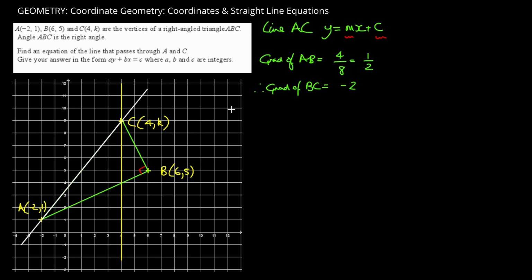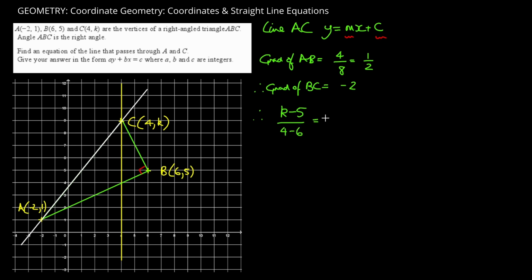So we know the gradient of this line. If we now compare the coordinates from here to here, in terms of rise and run, we can set that equal to -2. So the gradient going from here to here: k minus 5 is the rise, and the run, we have to do it the same way, is 4 minus 6.